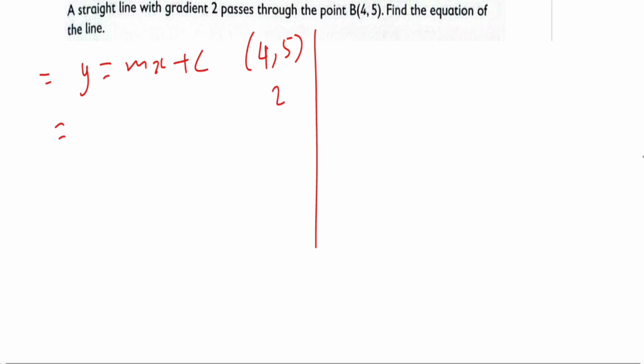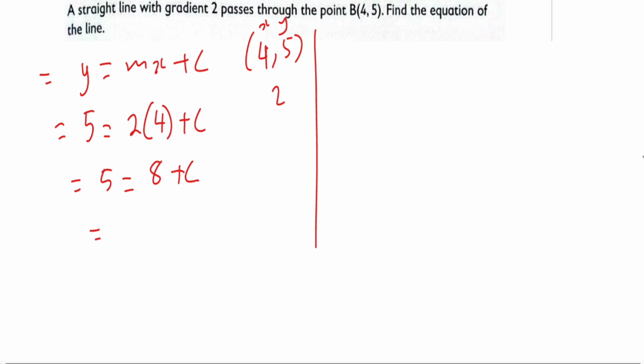Where there's x, we'll put the x coordinates, and where there's y, we'll put the y coordinates. In this case, this is 5. Our m is 2, so 2 times x, which is 4, plus c. So 5 equal to 2 times 4, which is 8, plus c.